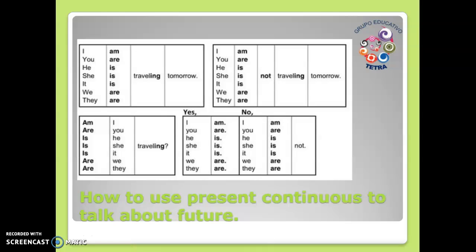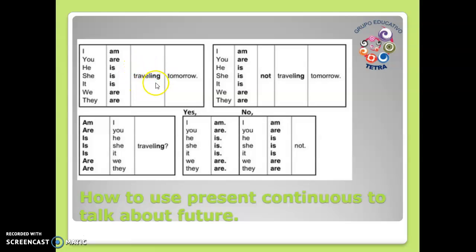So here we have some of the rules of the present continuous when you're using it to talk about the future. Here you will have to use the subject: I, you, he, she, it, we, you, and they, and the corresponding verb to be: I am, you are, he, she, it is, we are, or they are.